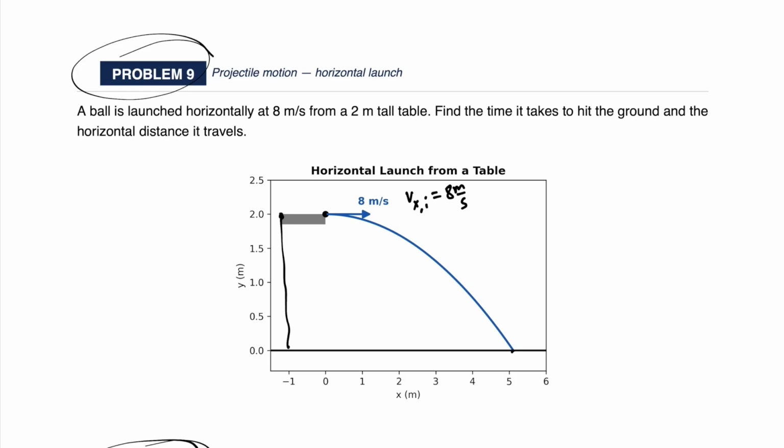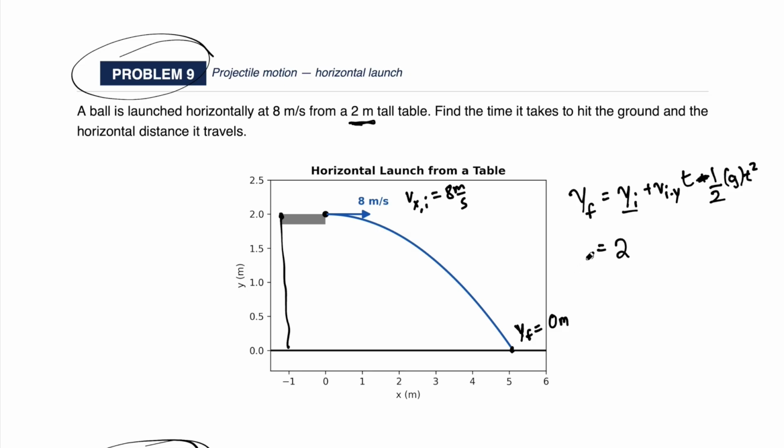So you're just going to have to use one of the big 5. So y final has to be 0 meters. Y final is equal to y initial plus v iy t minus 1/2 g t squared.